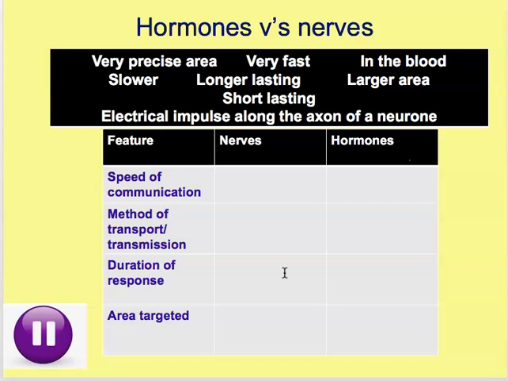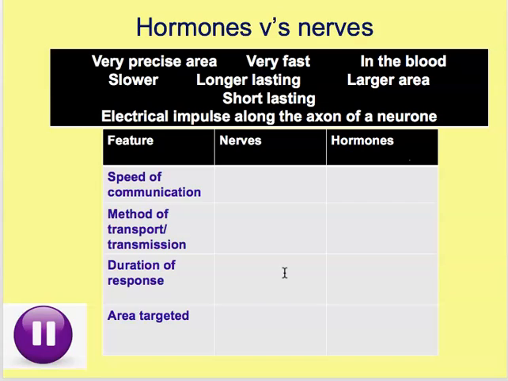Okay, let's see how you got on. So, speed of communication for nerves or for nervous impulses is very fast, and for hormones is slower. Remember, mark these with a green pen if you've got one, if not just with the pen that you've got or a different colour. The second one, method of transport or transmission. So the nervous impulse travels along the axon of a neuron, and for hormones, it is the bloodstream.